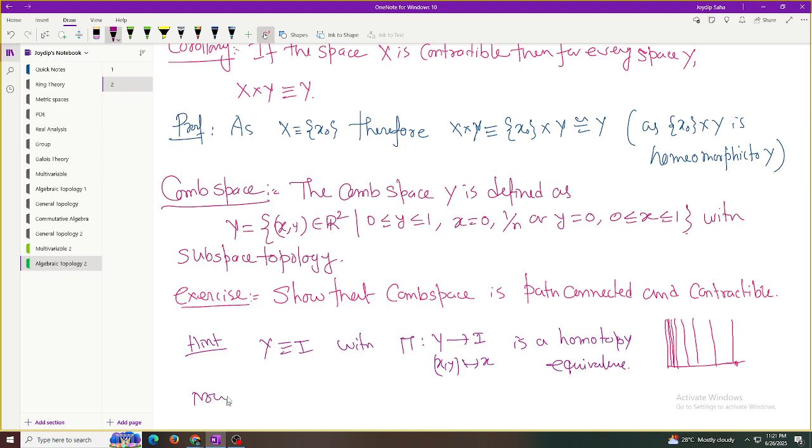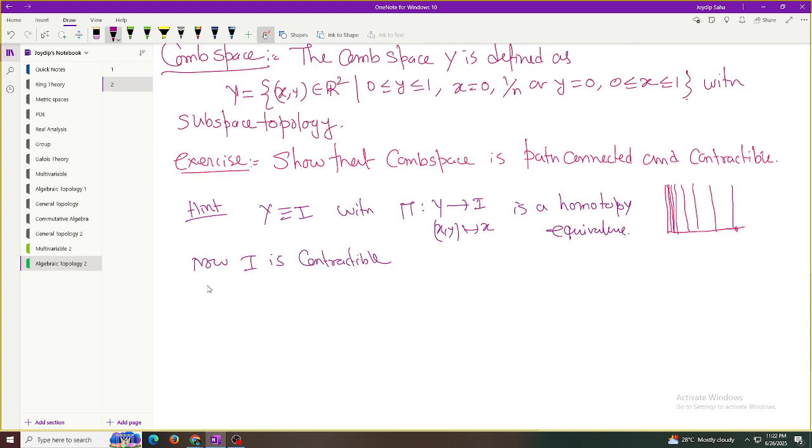Now I is contractible. This implies Y is contractible, and hence it is path connected. Okay.